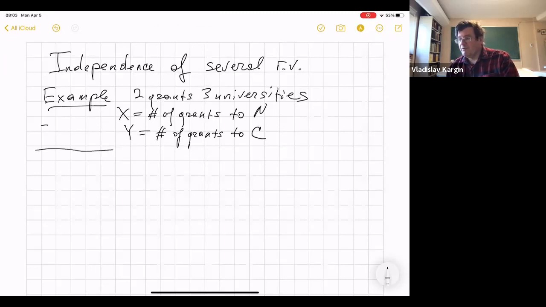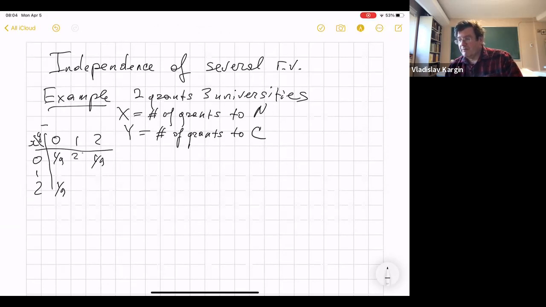In the picture, we have a joint probability. Here we have X, here we have Y, values 0, 1, 2 and 0, 1, 2, and the joint probabilities are 1/9, 1/9. These are outcomes which are determined: if 0 grants go to New York University and 2 to California University, that's just one outcome.